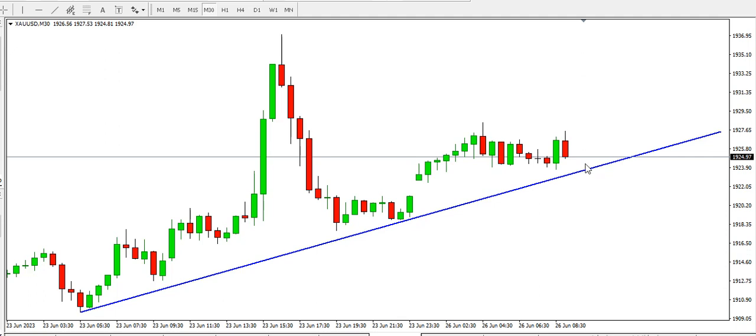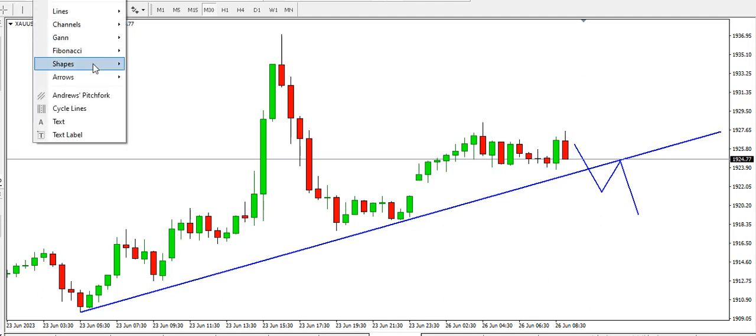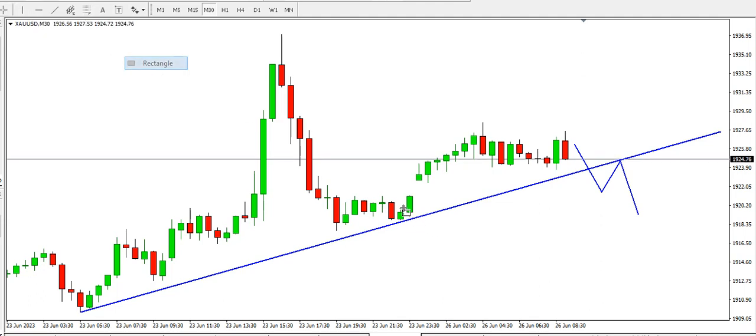A break below this ascending trend line, we have a break below and a retest. If we have a retest, we might see price dropping to this order block first. There's this particular order block on the 30 minutes time frame.